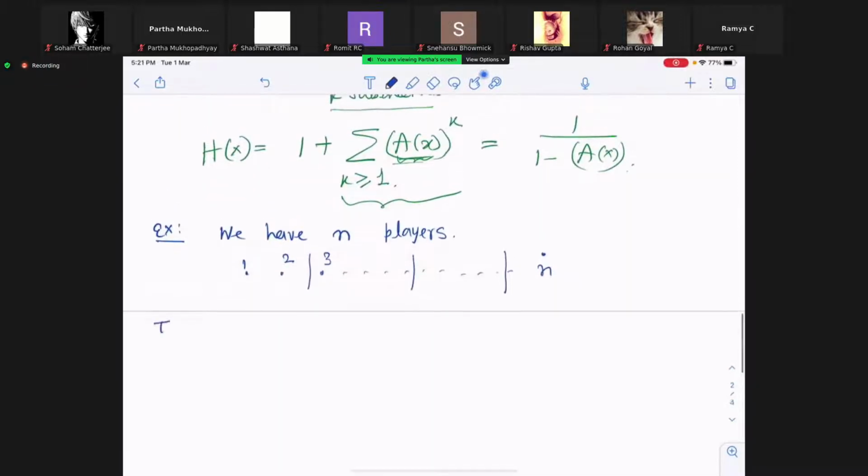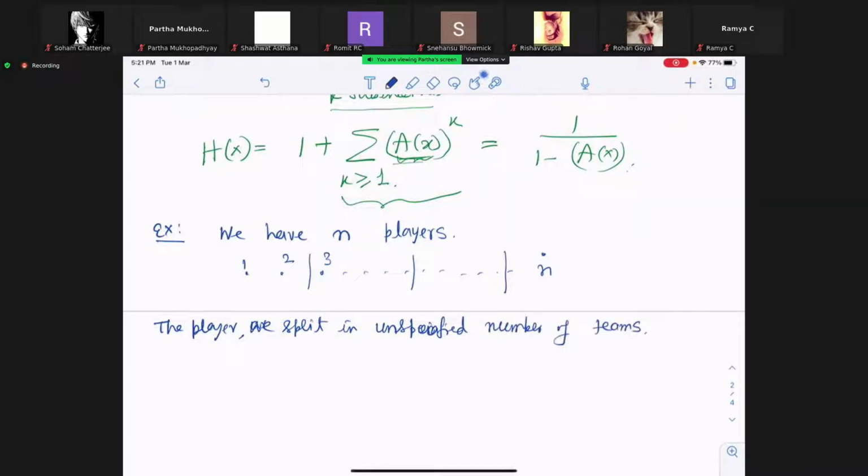The players are split into a number of teams.